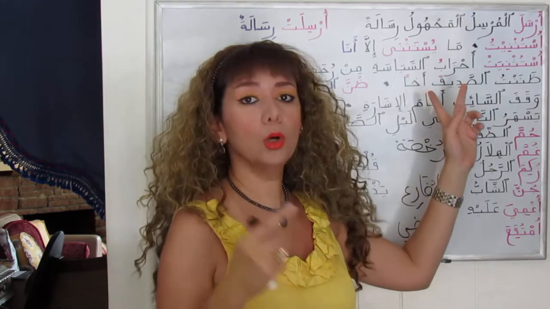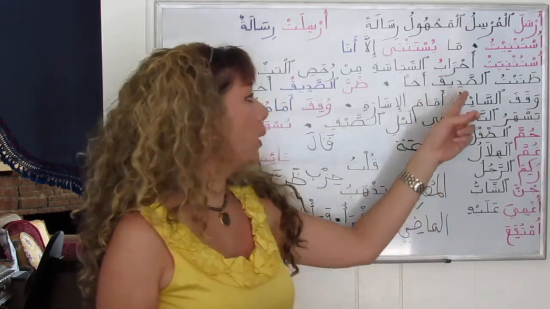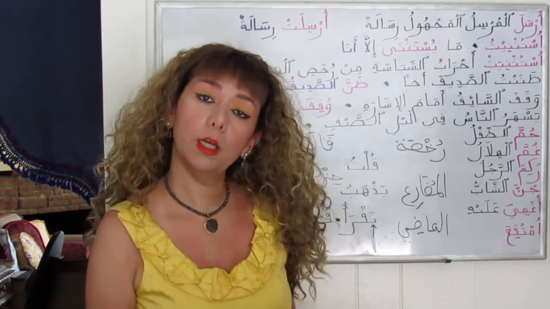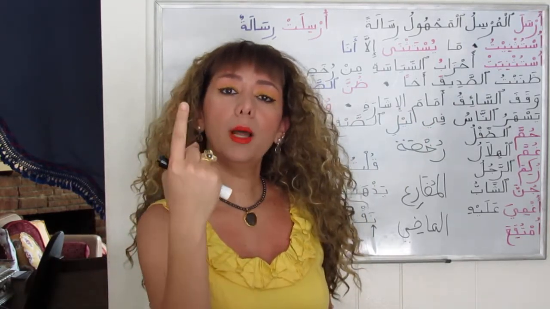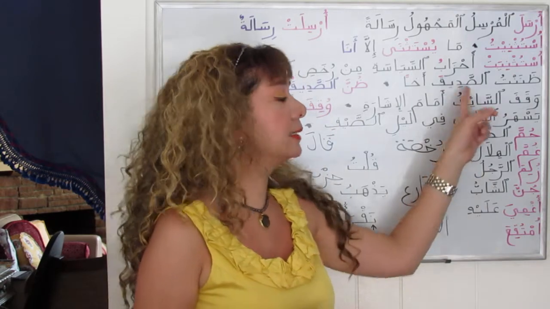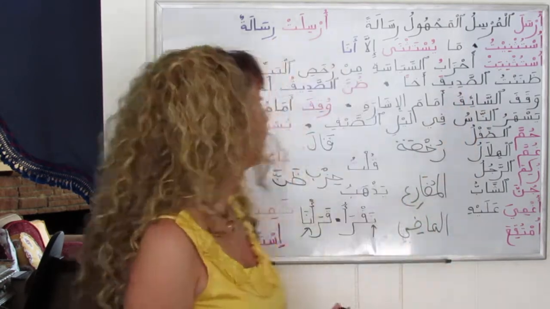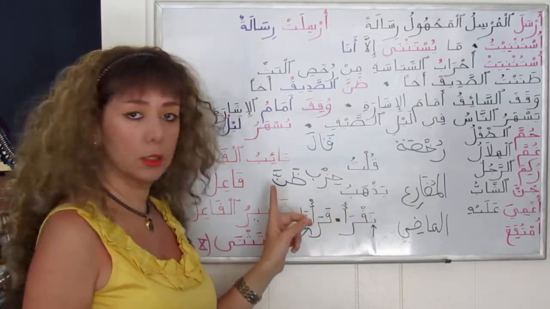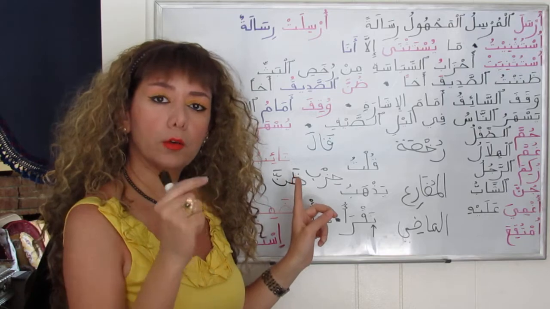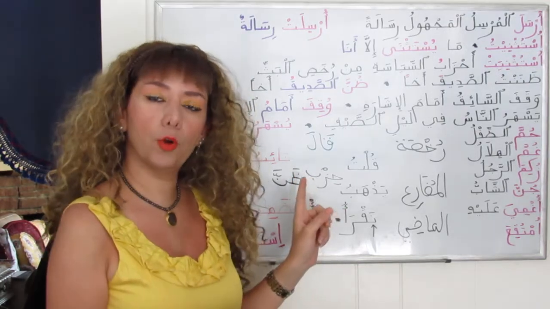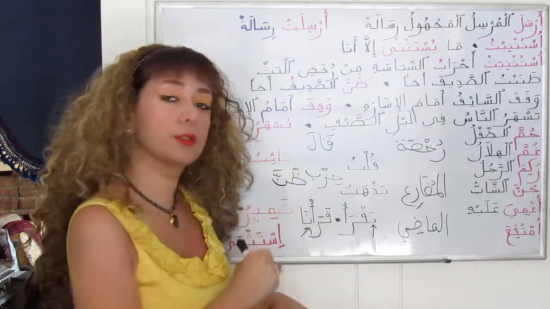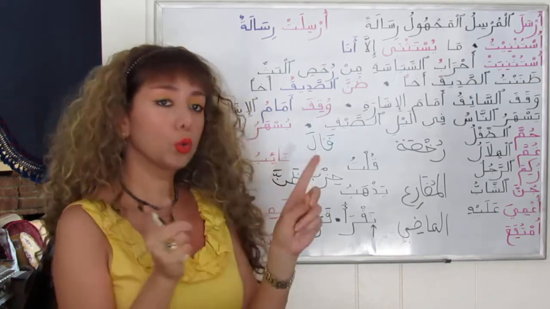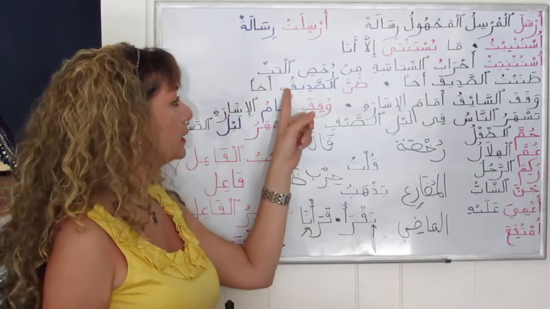So we have two objects. So when we render this active sentence to a passive one, we will use the first object, الصديق, the friend. So ظن, for the geminate verb, when rendered to a passive form, we will just change the first short vowel to u, ضمة. ظن الصديق.